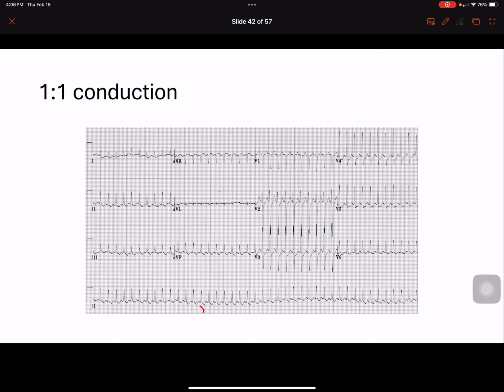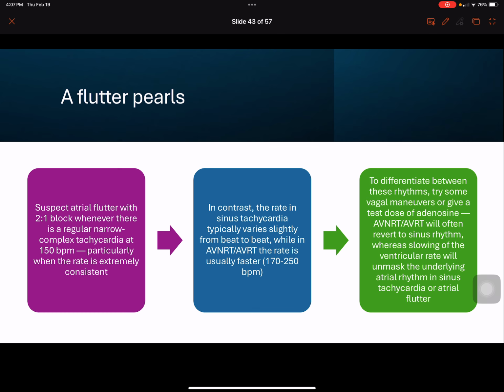No, but it could have been triggered by adenosine from giving a WPW patient adenosine. These patients with 1-to-1 A flutter are going to decompensate pretty quickly, so we generally need to go down the unstable narrow complex tachycardia pathway, and that's going to lead us right to cardioversion.